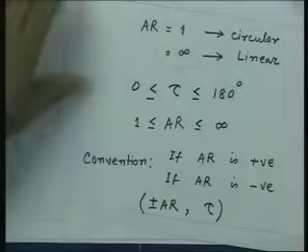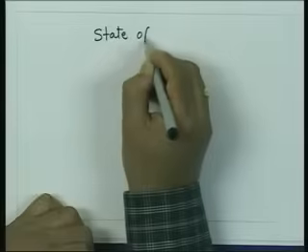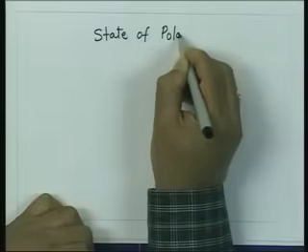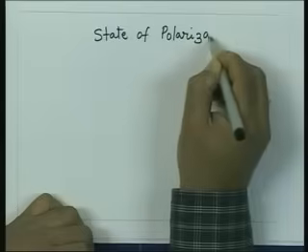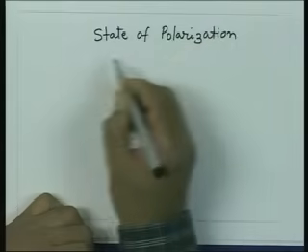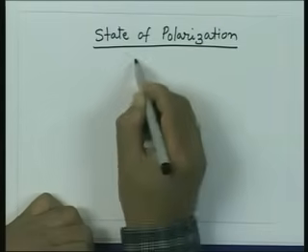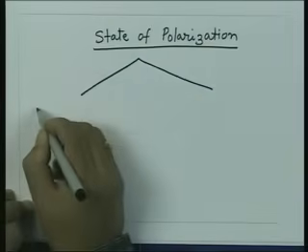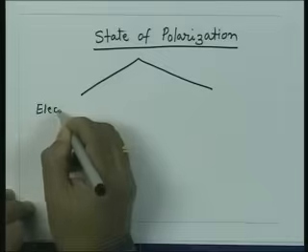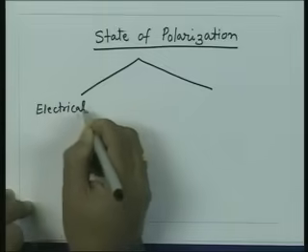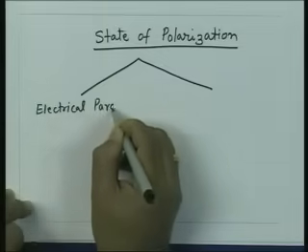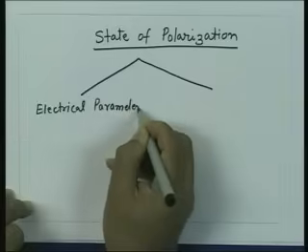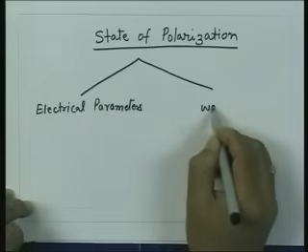So, what we say is that a state of polarization can be defined by two pairs. We say this is electrical parameters or wave parameters.